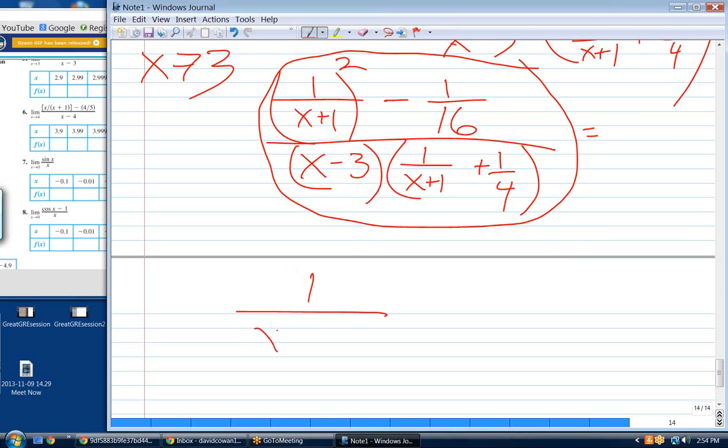That's 1 over x squared plus 2x plus 1, minus 1/16. If I can turn this into x squared plus 2x minus 15, I'll factor it, and one of those factors is x minus 3.